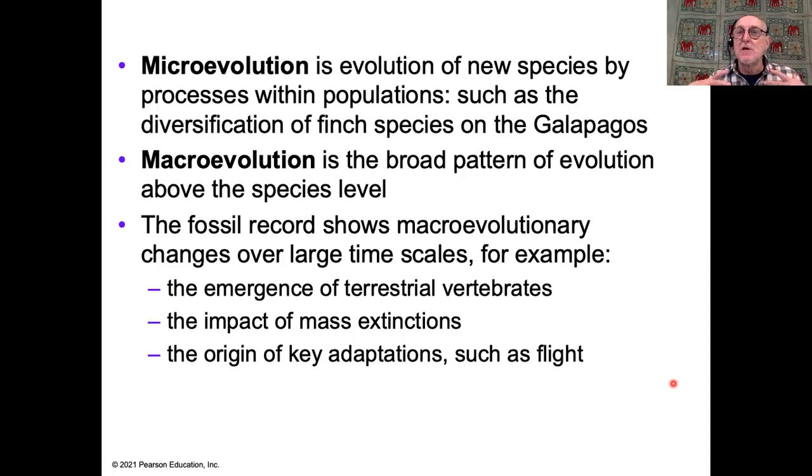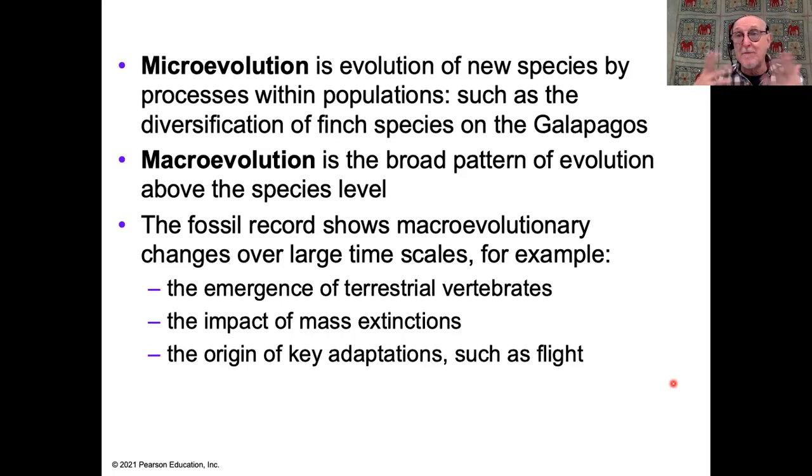Macroevolution refers to major changes over a very long period of time. Macroevolutionary processes are those which led from single-celled organisms becoming multicellular, multicellular organisms becoming animals, multi-tissued, and so on. All of these are macroevolutionary processes, and they take place over a very long period of time.